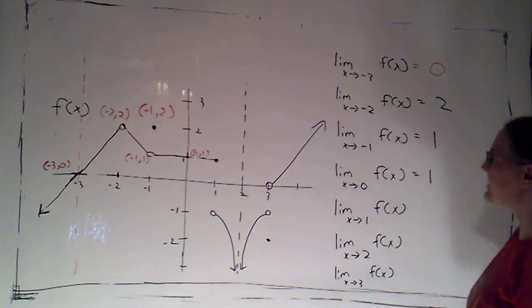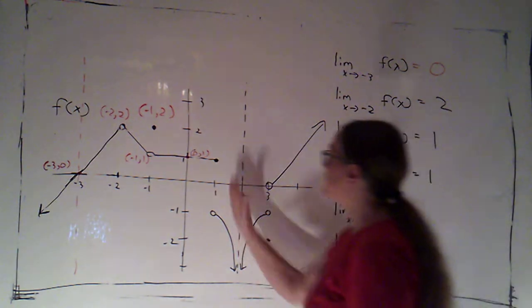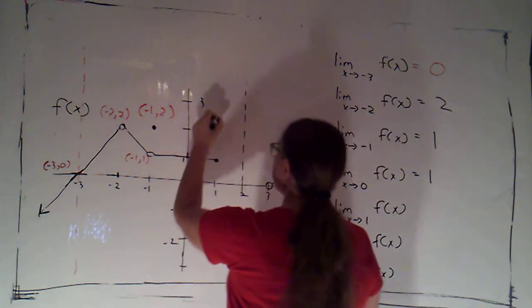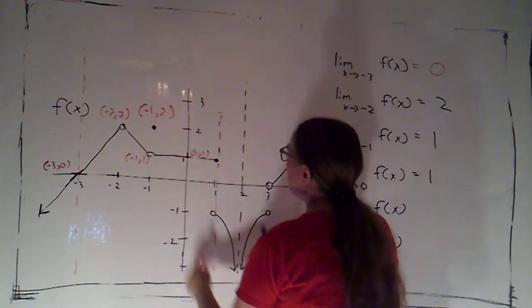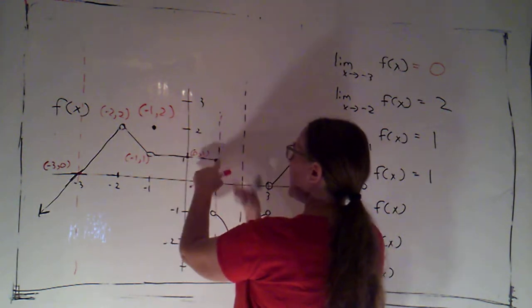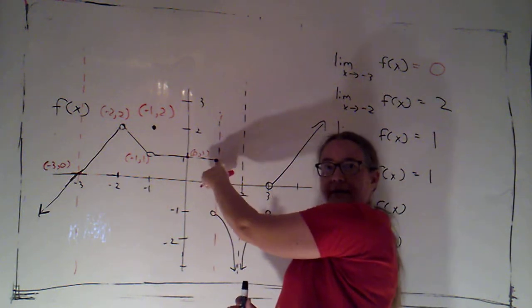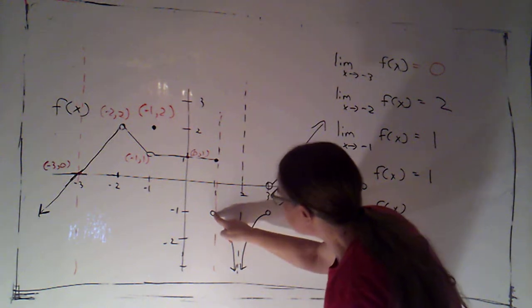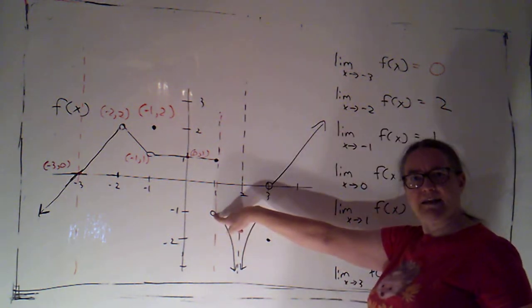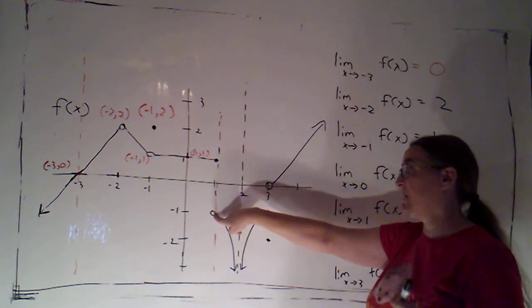All right, what happens as we approach 1? So x is 1 along this vertical line here. Approaching that from the left, I'm expecting there to be a point right here, and there is. Coming in from the right, I'm expecting there to be a point down here. There isn't.